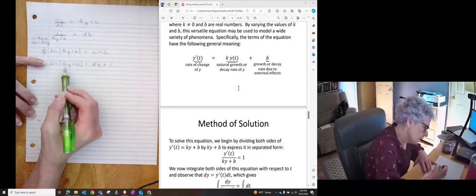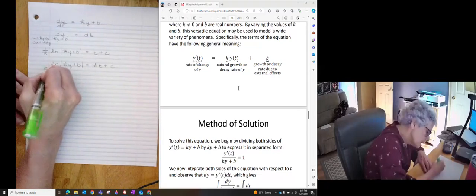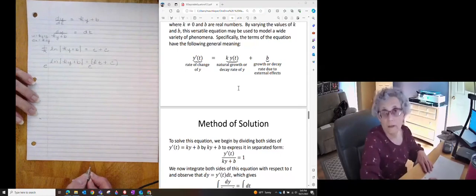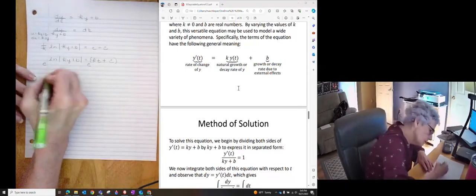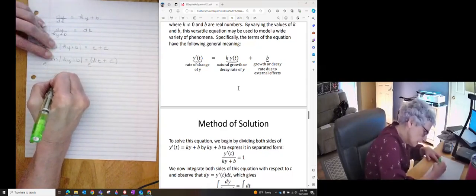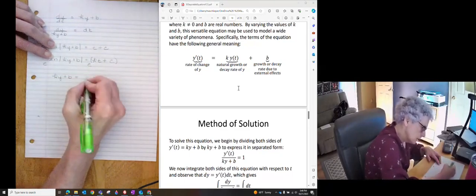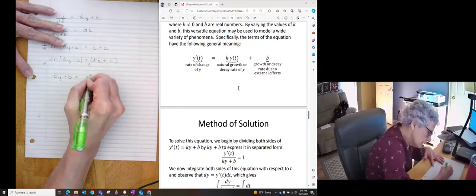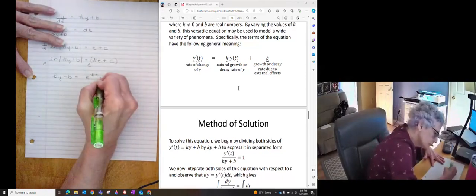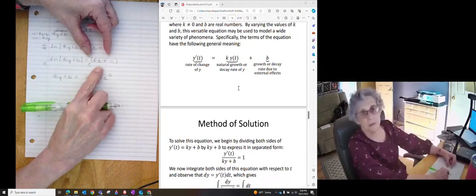So now I have natural log is equal to this, so let's make each side the exponent of e, just like we've done before. So we have ky plus b is equal to e to the kt times e to the c.